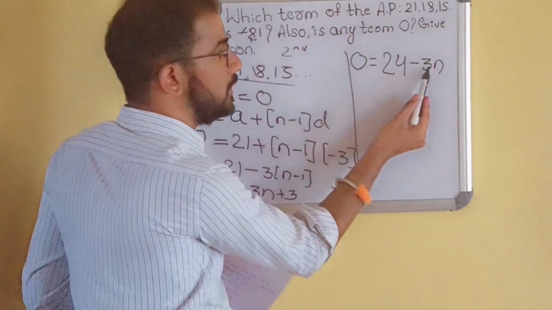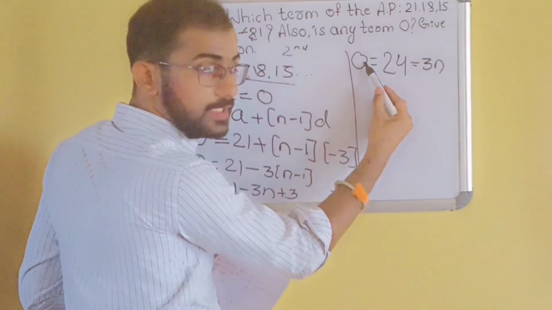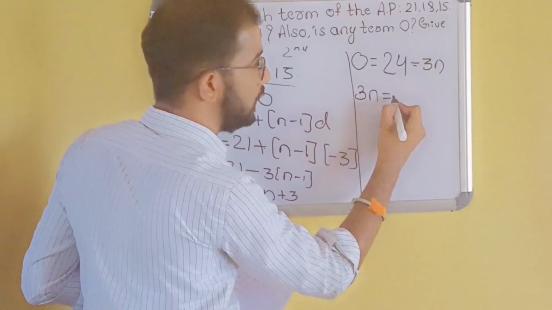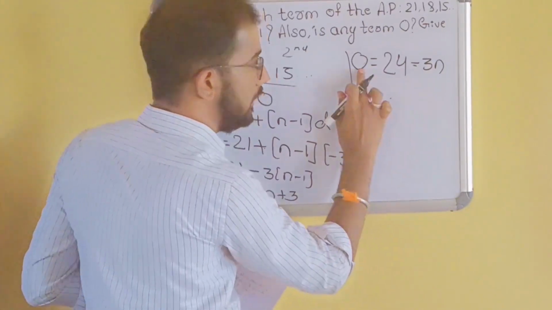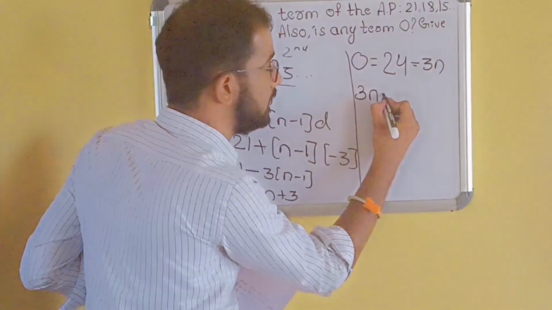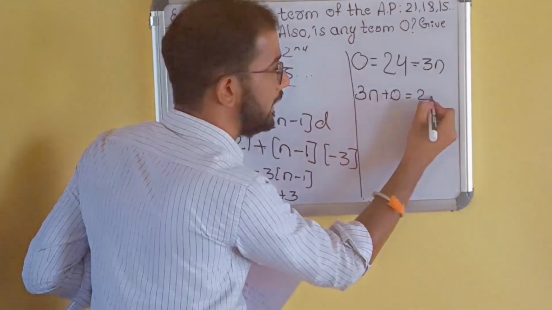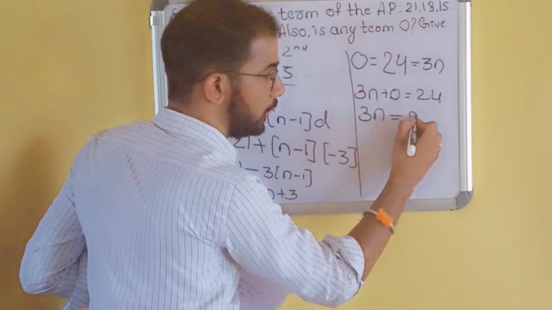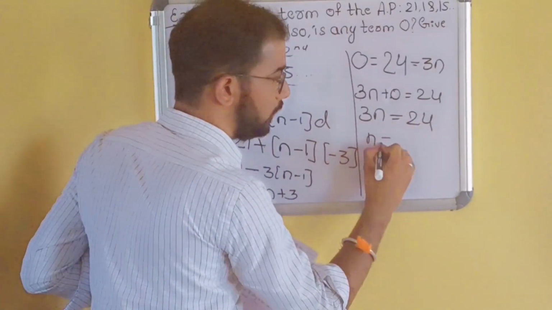Now, if you shift this minus 3n to this side, it will become plus 3n. Equal to, here already 0 is in plus sign, equal to 24 as it is. 3n plus 0 is 3n equal to 24.